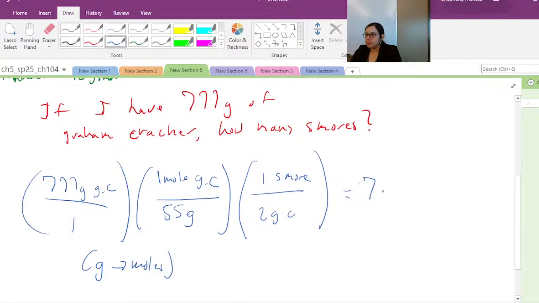Yeah. If I divided the 777 by 110, will that still be correct? Since 1 s'more is made up of 2 graham crackers. You probably don't want to do that because it'll mess you up later, potentially.